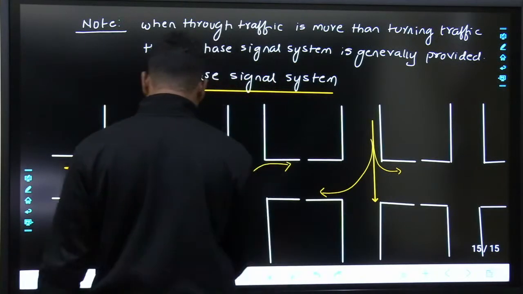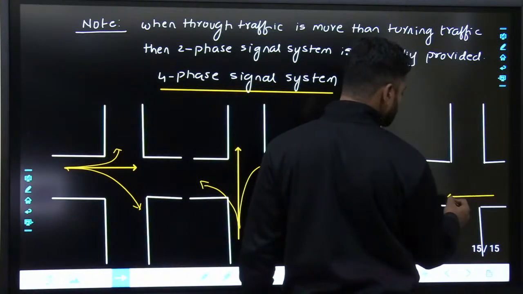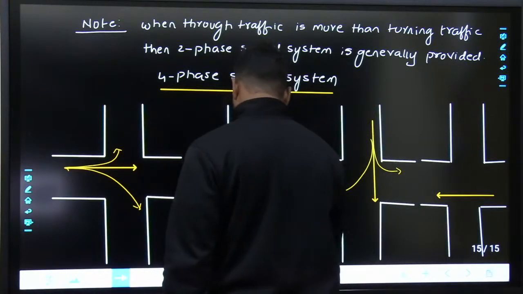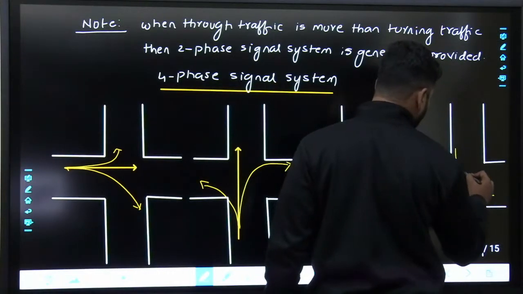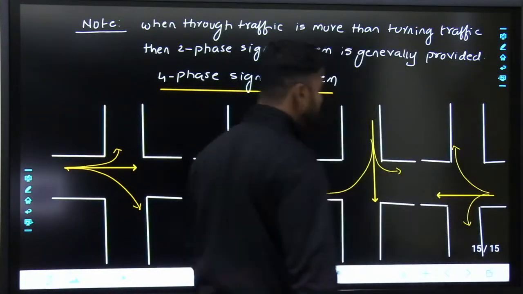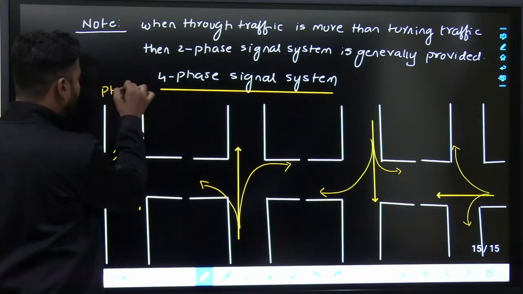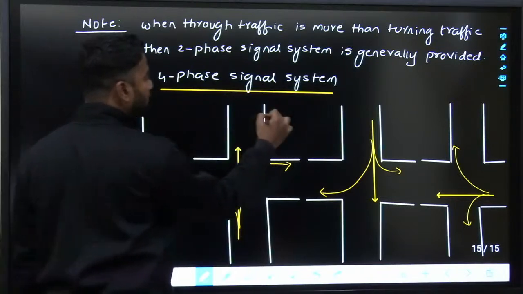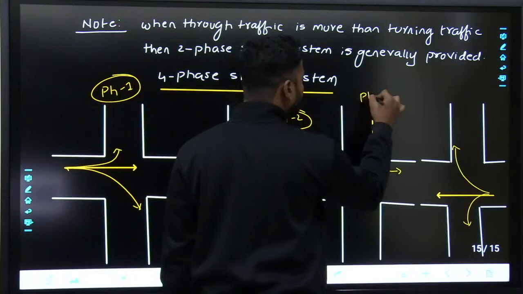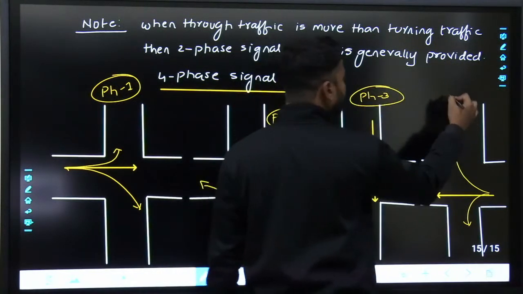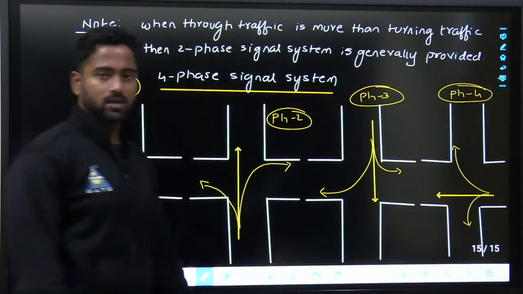This is another phase. This is another phase. Four-phase signal system. So when through traffic and turning traffic both are significant, then we generally provide a four-phase signal system, something like this.